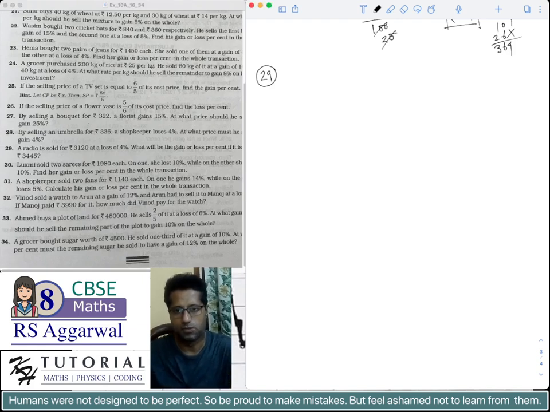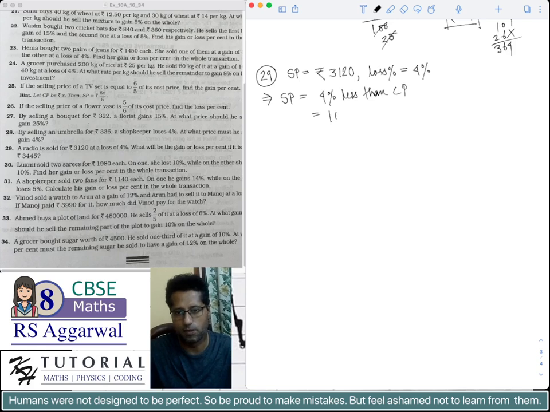Okay. So selling price is given to be equal to 3120, and when the selling price was rupees 3120, the loss percent is equal to 4%. Now let's from here find the cost price. This implies since there is a loss, selling price has to be 4% less than cost price.